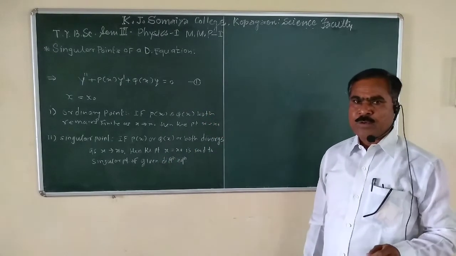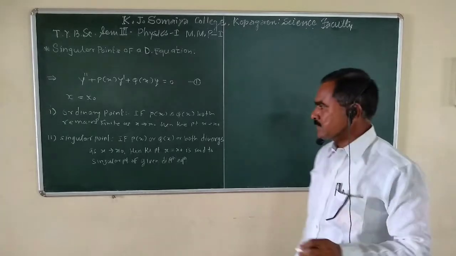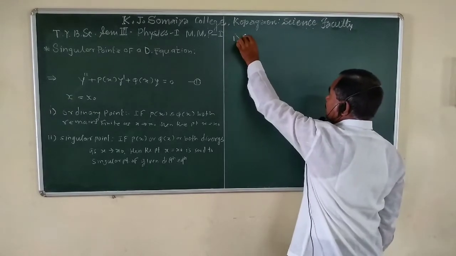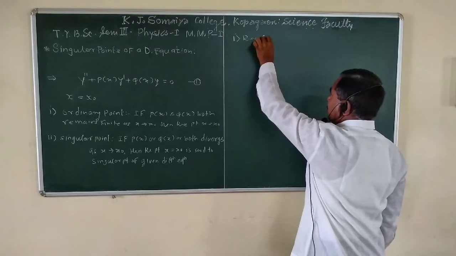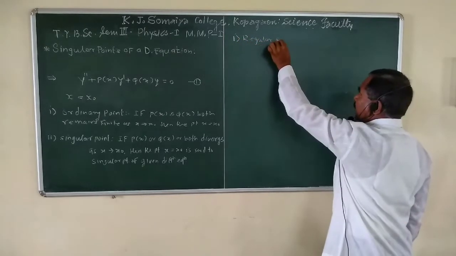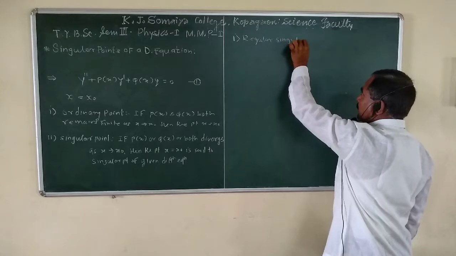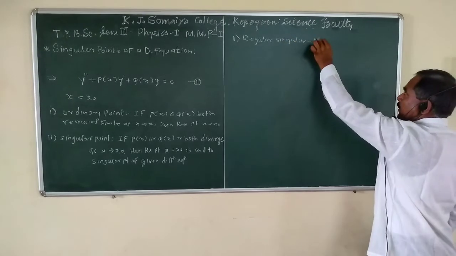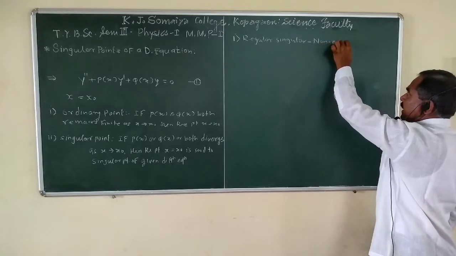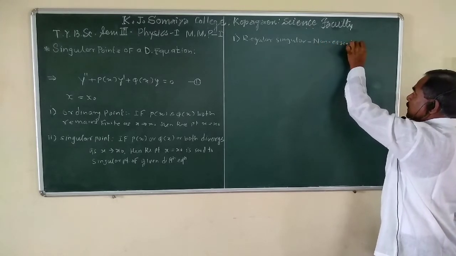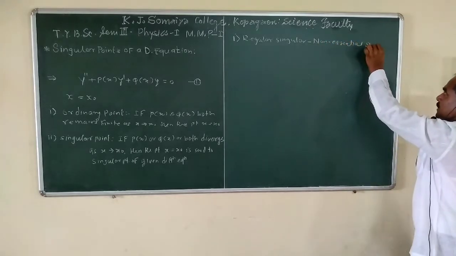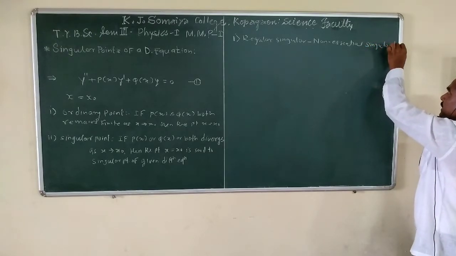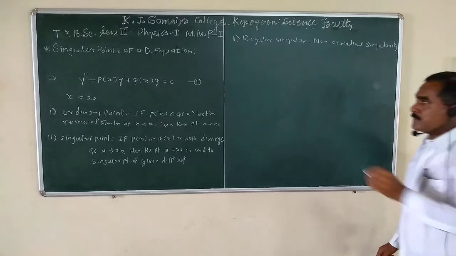Now, there are two types of singularities. The first is regular singular, or it is also called non-essential singularity.